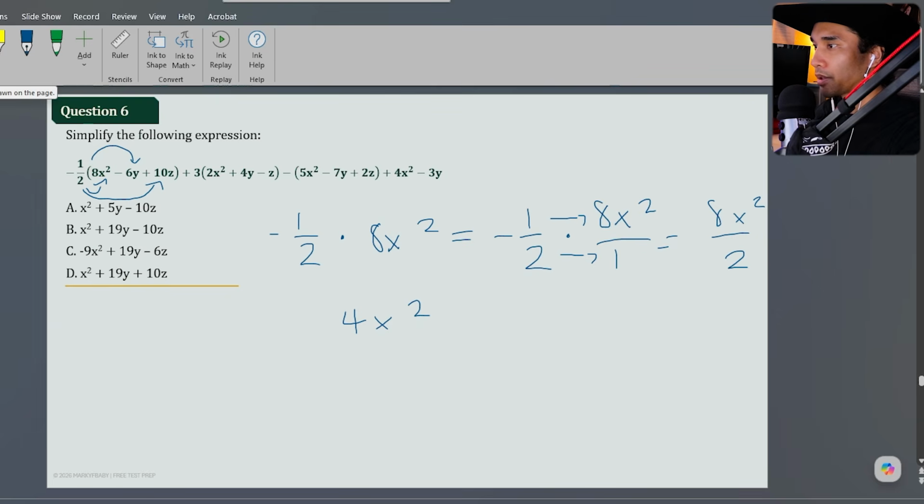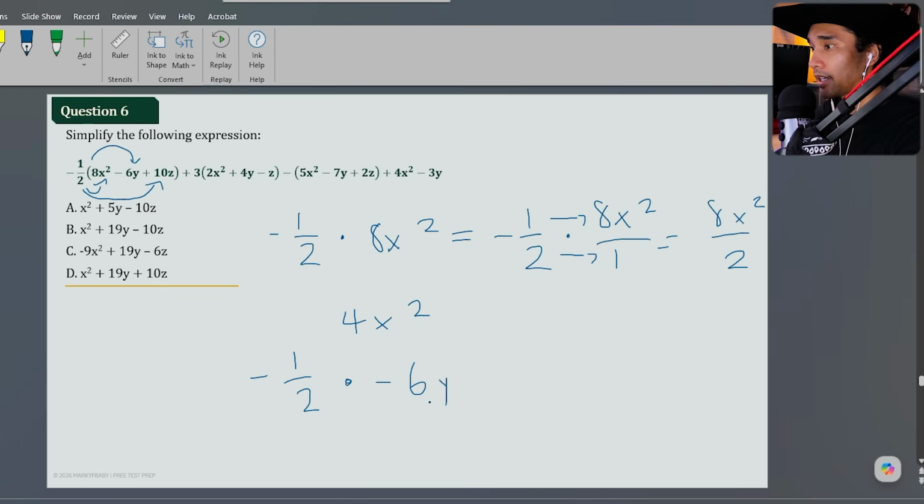Okay, now you know that. Let's go ahead and work out this fraction, because the next question, which is question 7, we have multiple fractions, and I need you to get this skill down to multiply and divide fractions. So let's go with the next term, which is negative 1/2, and I'm going to multiply that with negative 6y.